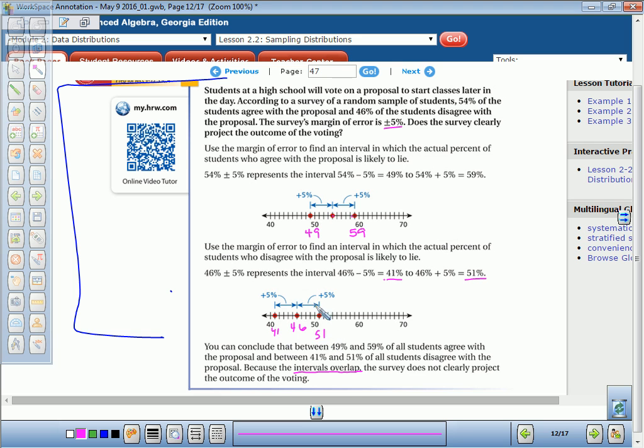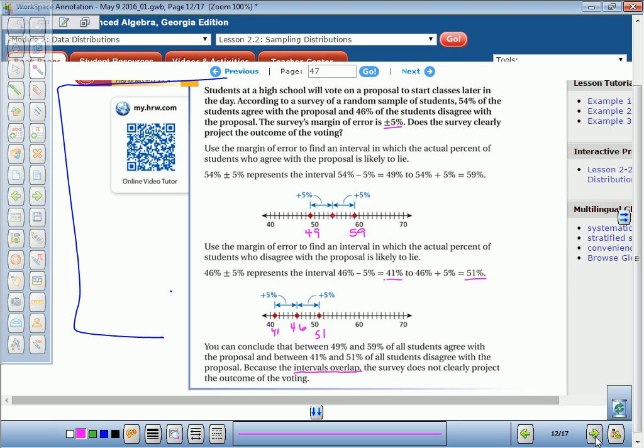Now, if we look at this one starts at 49, this one goes all the way to 51. We have some overlap in here. And because those intervals are overlapping, this survey is not clearly projecting the outcome. So because that plus or minus 5% error caused an overlap in our data there, we couldn't clearly project the outcome for voting.